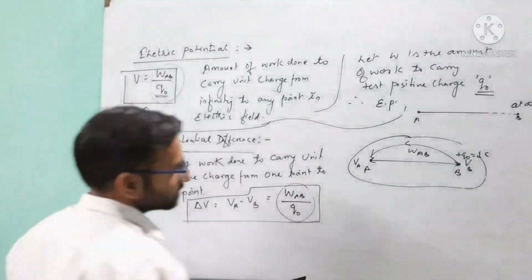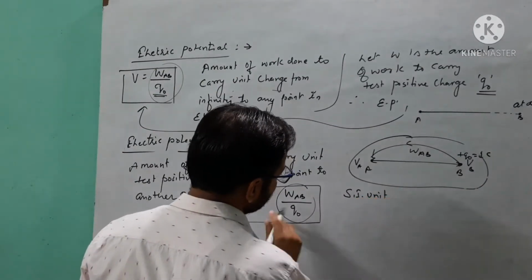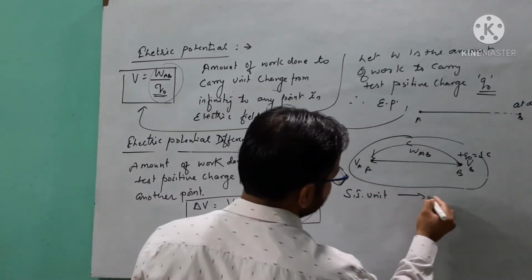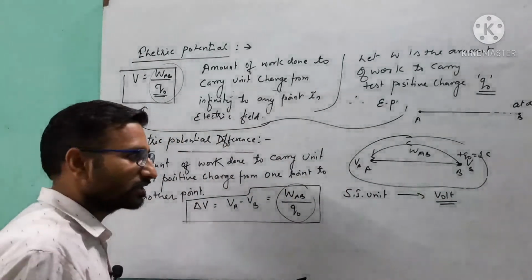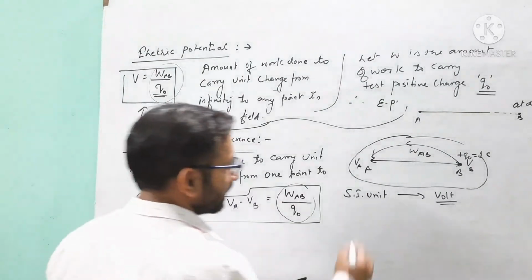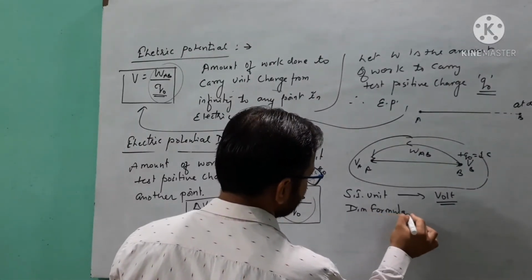So here the dimension formula and SI unit of both is volt, meaning the SI unit of electric potential or electric potential difference is volt. And the dimension formula, what will it be?